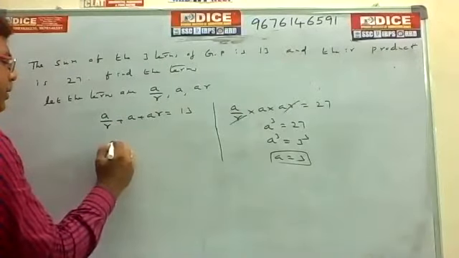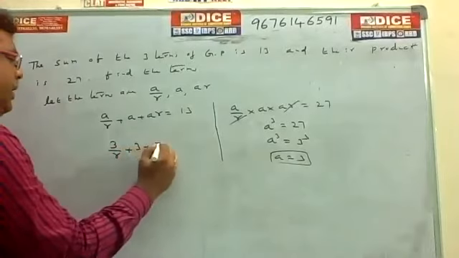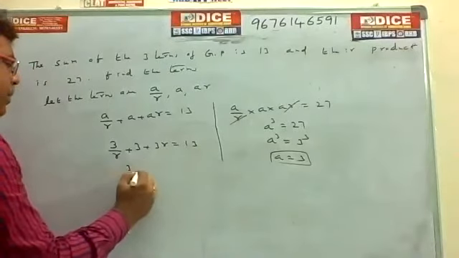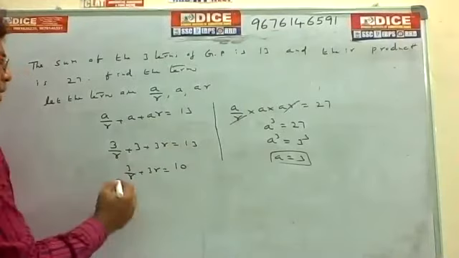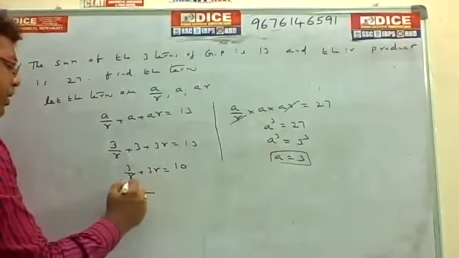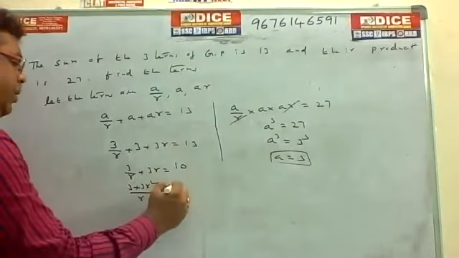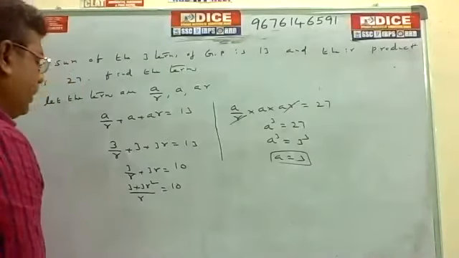3 by R plus 3 into R is equal to 13, send 3 to that side. 3 by R plus 3R is equal to 10. So now take LCM. 3 plus 3R square over R, 3R square is equal to 10.